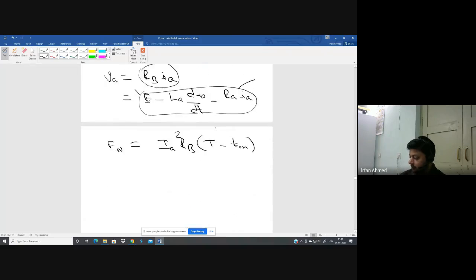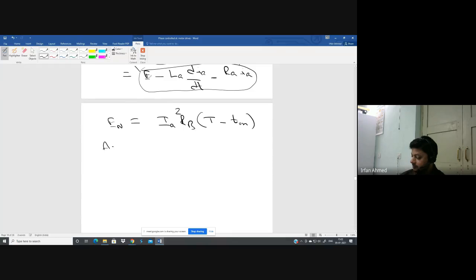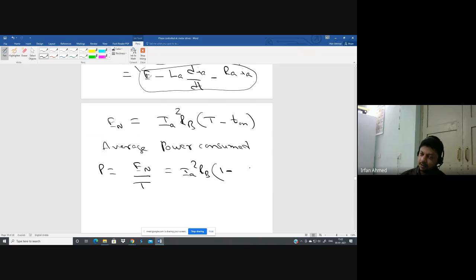Okay? So the average power consumed by RB will be equal to the energy consumed over a cycle divided by the cycle time. That becomes IA square RB multiplied by 1 minus T on by T. Now there is no supply here, so our earlier definition that duty cycle is the time for which the motor is connected across the supply divided by the total time cannot be applied here.